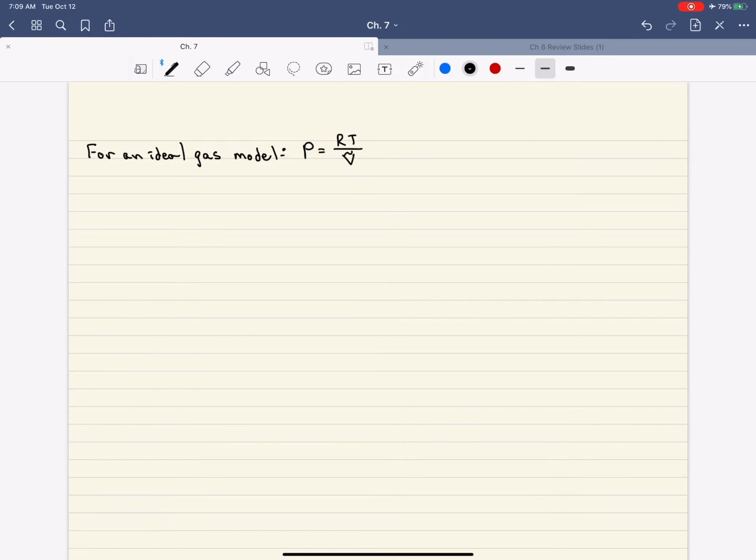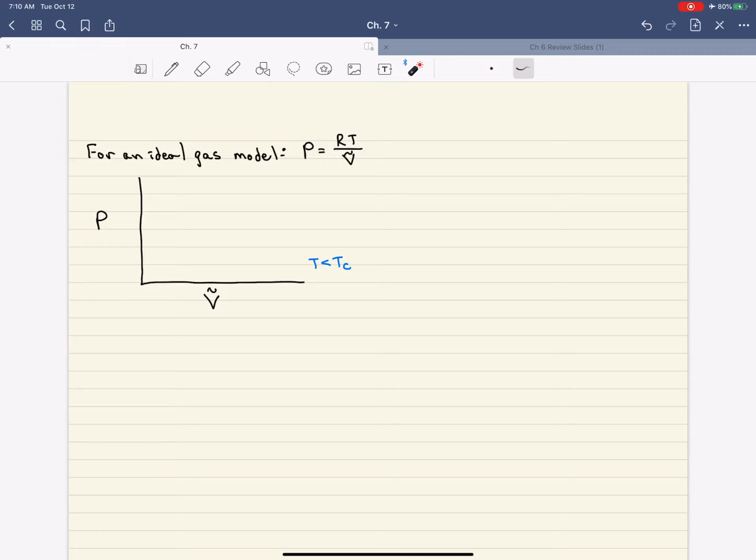So if we did pressure versus volume, if we were at some T below Tc, and we tried plotting pressure versus molar volume, we wouldn't get the features that we would expect from experiment.